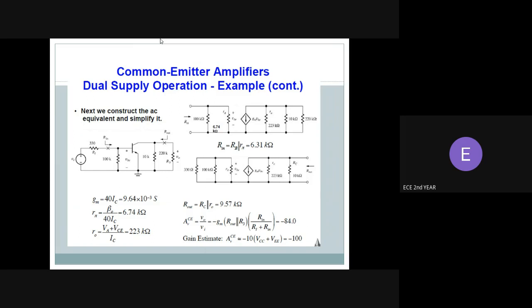We can calculate these things without knowing the voltage value, since the resistances keep on varying. The gain is minus 84.0, where the minus sign indicates the phase shift. Gain estimate: AV is approximately minus VCC over VT, which is minus 100 volts. So comparatively, they affect many things of this gm.